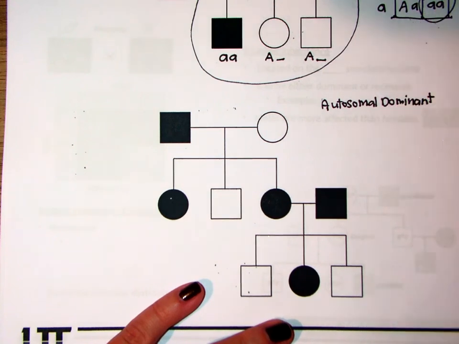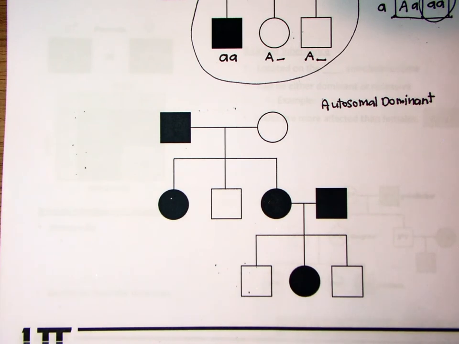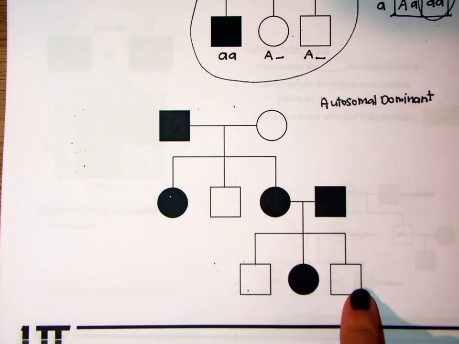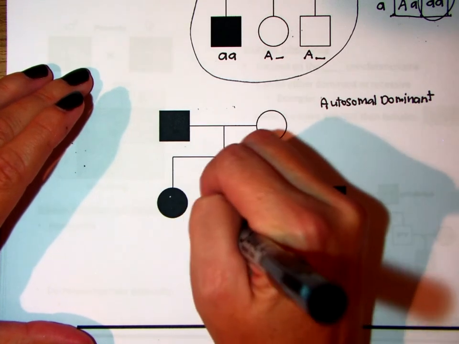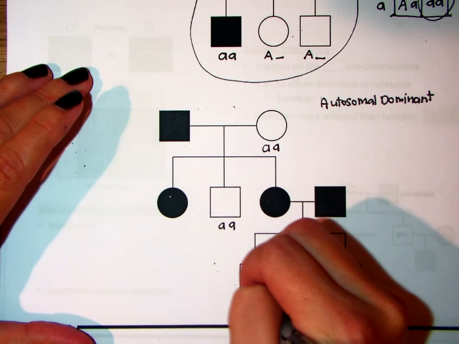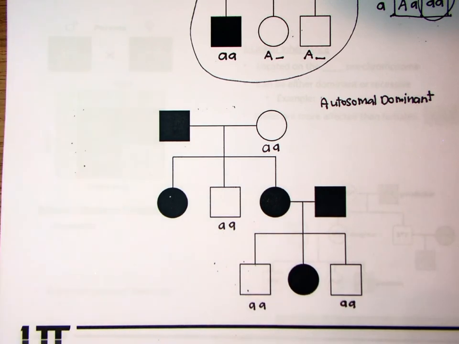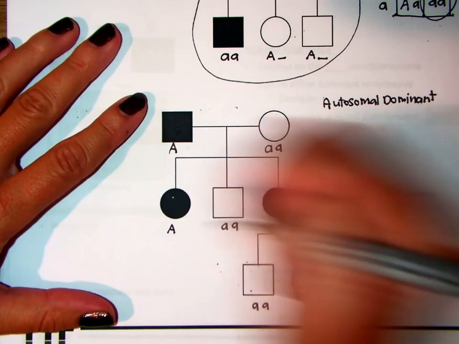Okay, so if it's autosomal dominant, we know that all of these unaffected individuals are homozygous recessive. They don't have any big A's, because if they did, they would be shaded in. So we can say these are all little a, little a. And we know that all of these have at least one big A because they are affected.